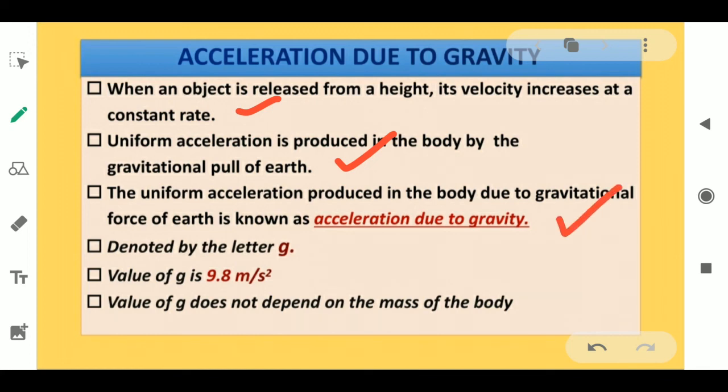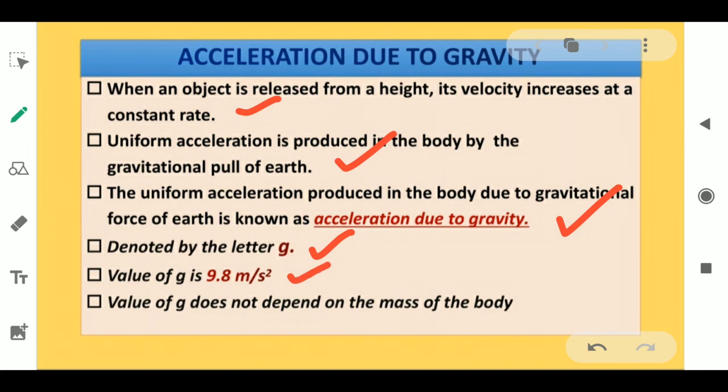It is a very important point. Once again, the uniform acceleration produced in the body due to the gravitational force of earth is known as acceleration due to gravity, and it is denoted by the letter g, small letter g. The value of g is 9.8 meter per second square.